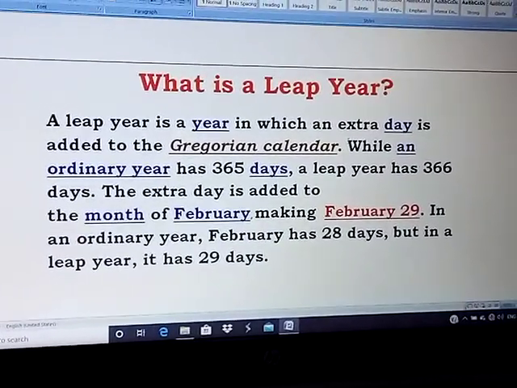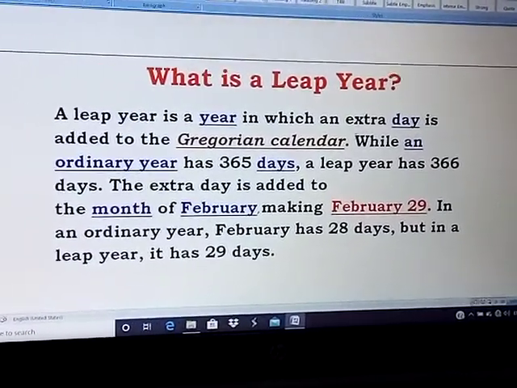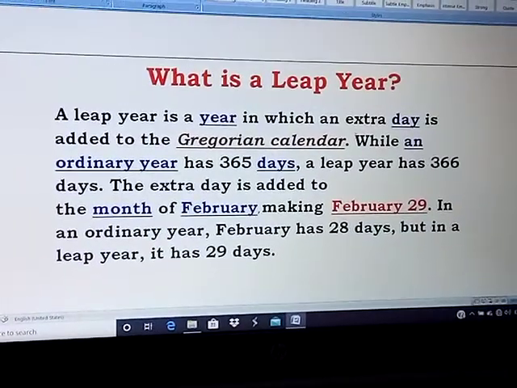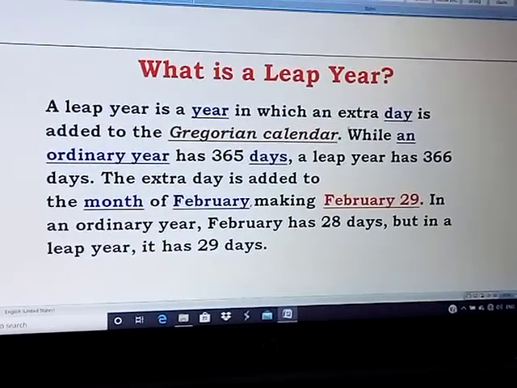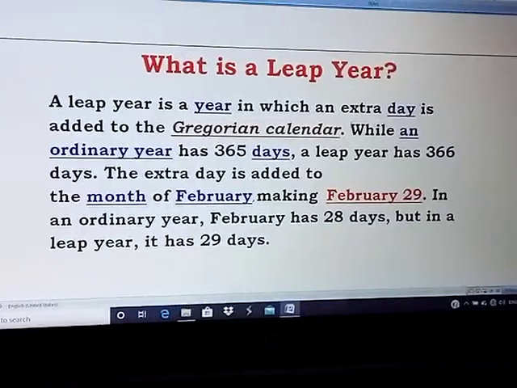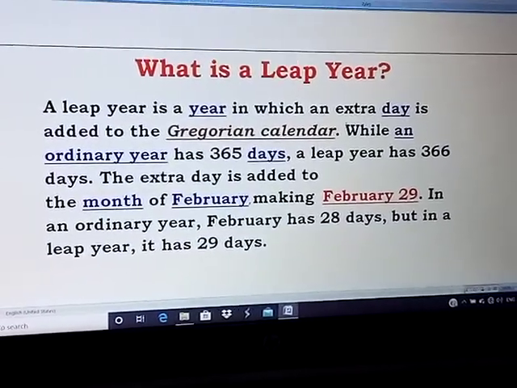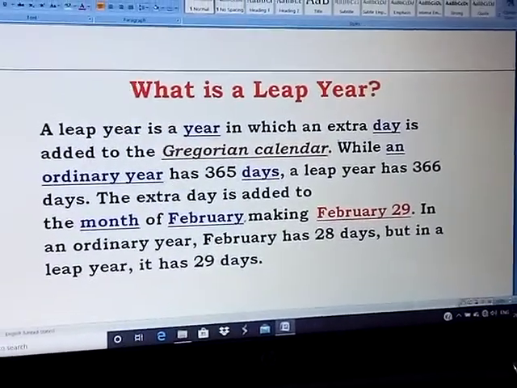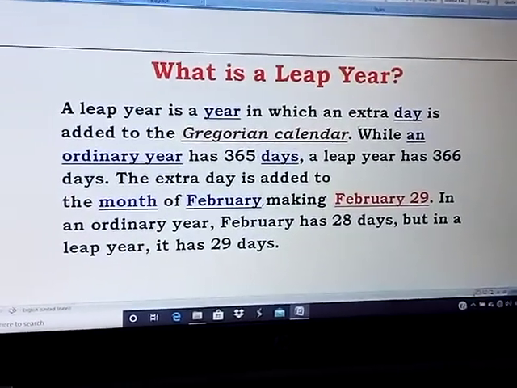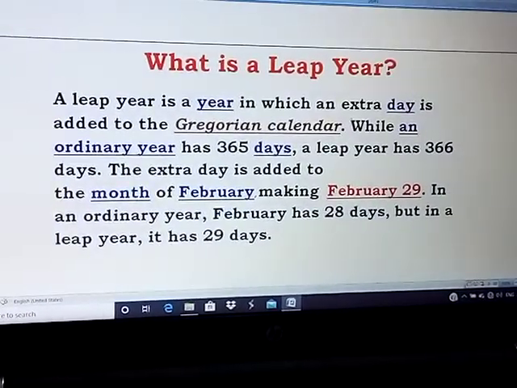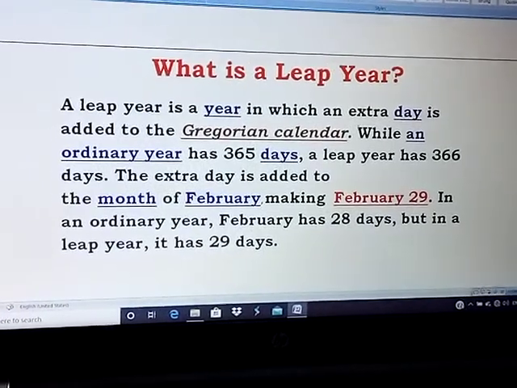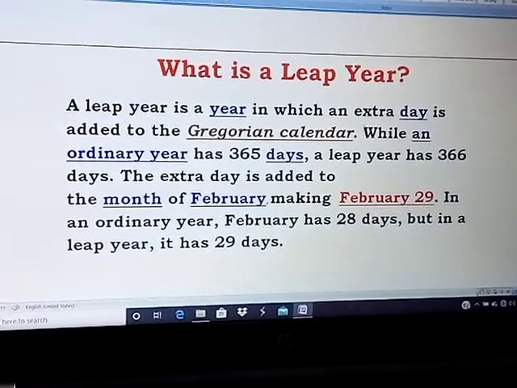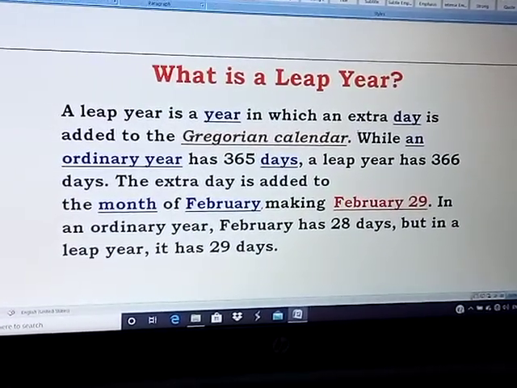We all know that a year comprises 365 days, but actually it is 365 and 1 by 4, that means 6 hours more. Now this 6 hours extra is not counted in a year. So after every 4 years, 6 into 4 is equal to 24, one day we get extra.